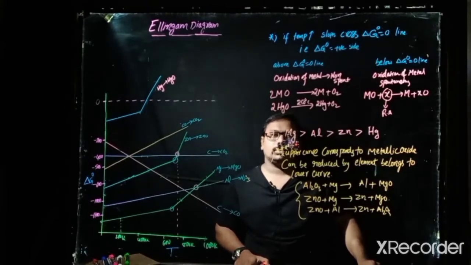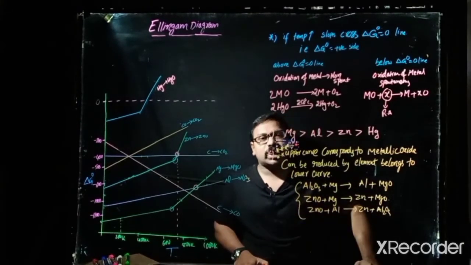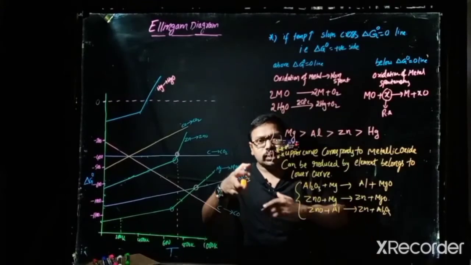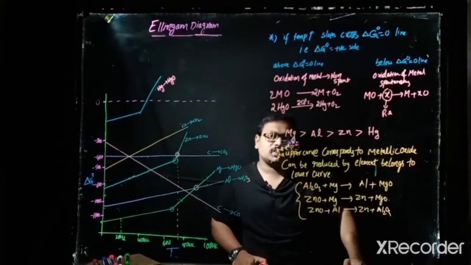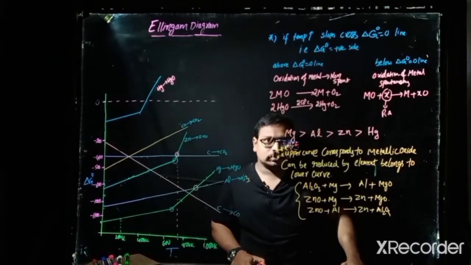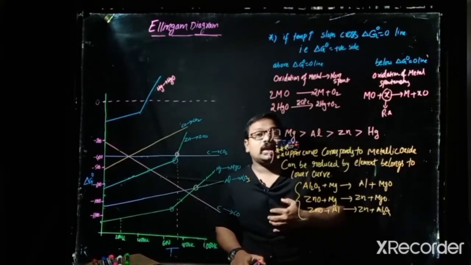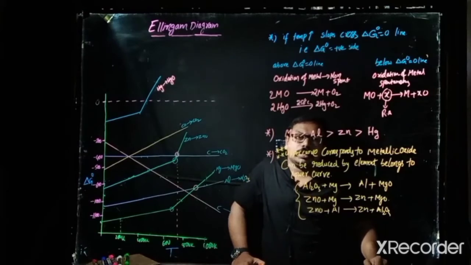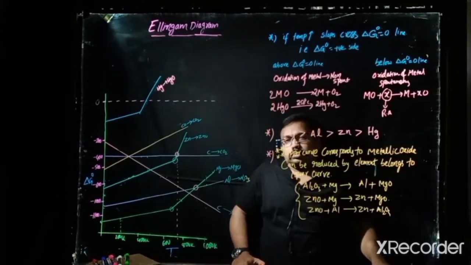So how do we find the standard Gibbs free energy during the combination of the two reactions, and how can we interpret the reducing agent? Okay, so note it down.